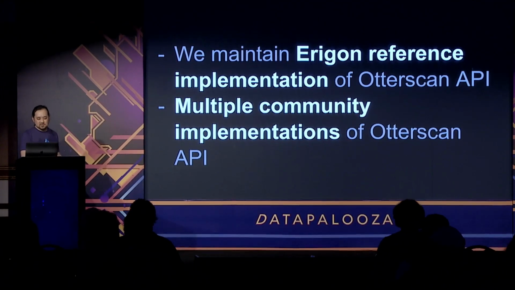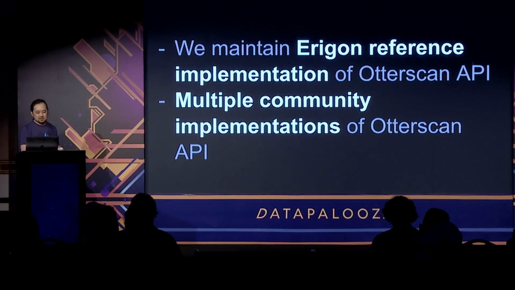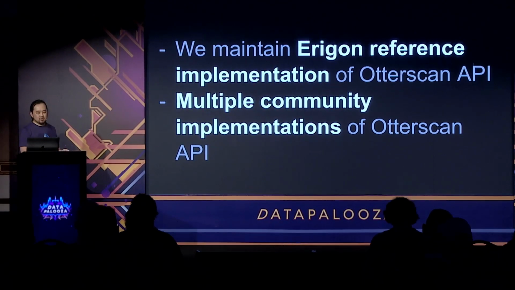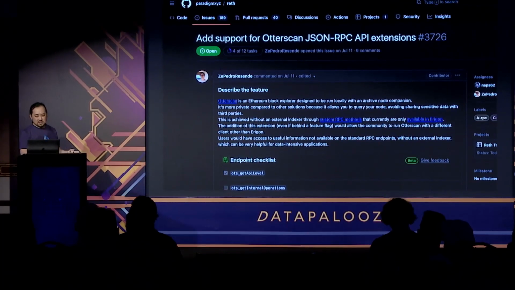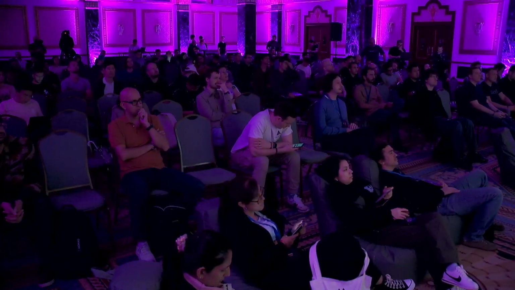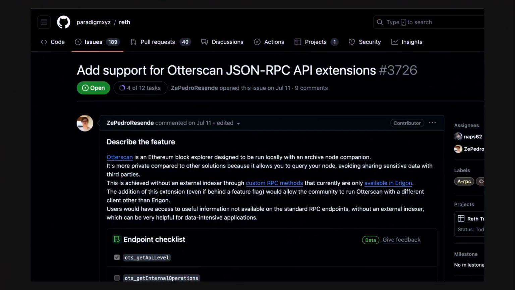By the way, Aragon sponsors us to do that work. But there have been some other community implementations in other clients going on. As an example, there's a community effort from some users trying to implement Otterscan APIs inside Reth. This is the public GitHub issue. You can follow the development of those APIs there.